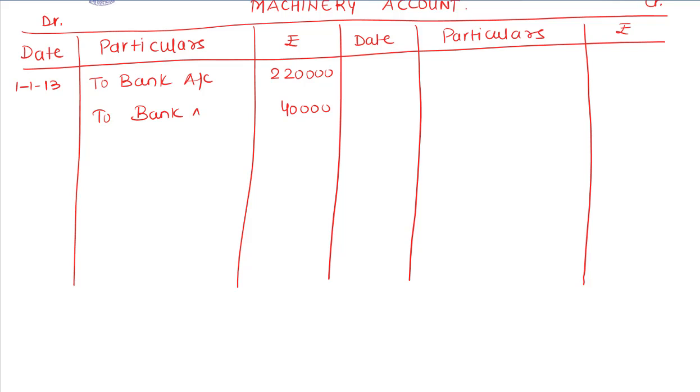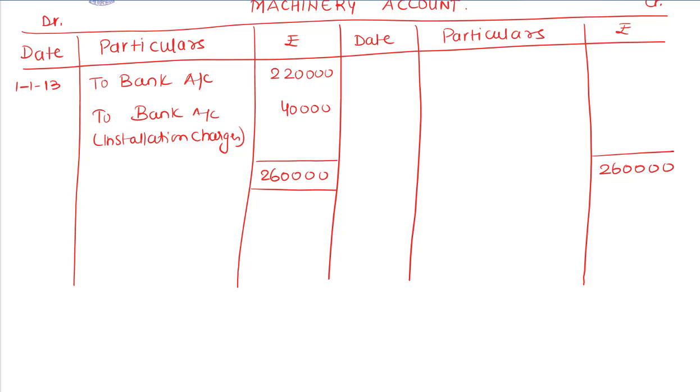This needs to be capitalized. To bank account, 40,000 for installation charges. I believe you understood. Let us make the total. This is 2 lakhs 60,000.